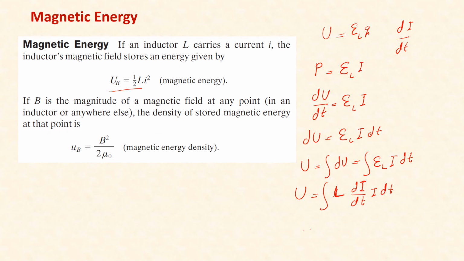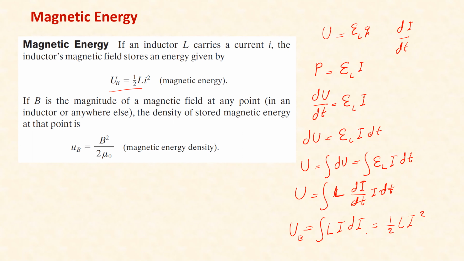So it becomes the integral of L, this dt cancels, I dI, and the integral of L I dI becomes 1/2 L I squared. All right, so U, the energy of the magnetic field inside the inductor, becomes 1/2 L I squared.